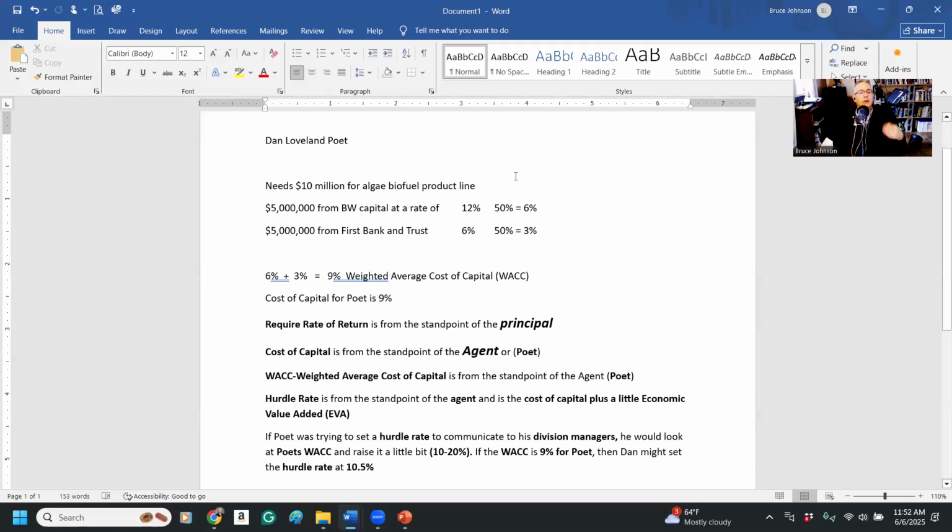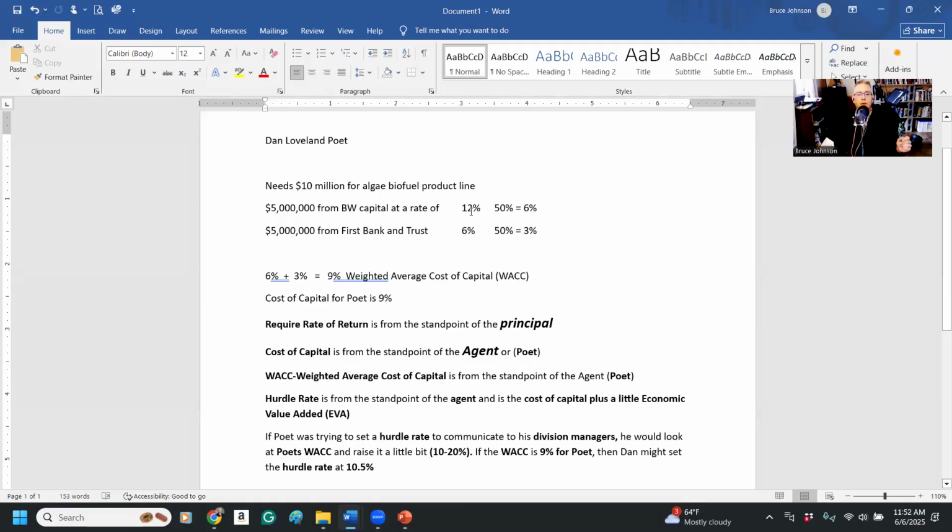Okay, so Dan needs $10 million. He gets 5 million from Warren and me, and then 5 million from First Bank and Trust. What Dan needs to figure out is the weighted average cost of capital he has to provide in order to pay back both of those capital holders.